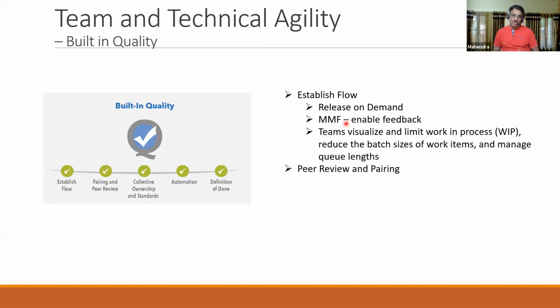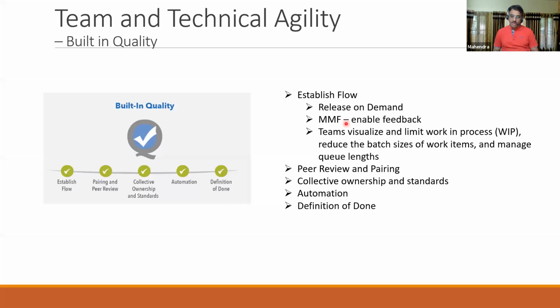And of course, the engineering aspects of peer review, pair programming, collective code ownership, and having standards are important. And there's a very big focus on automation. The lesser the manual work that we have, the better the quality is.